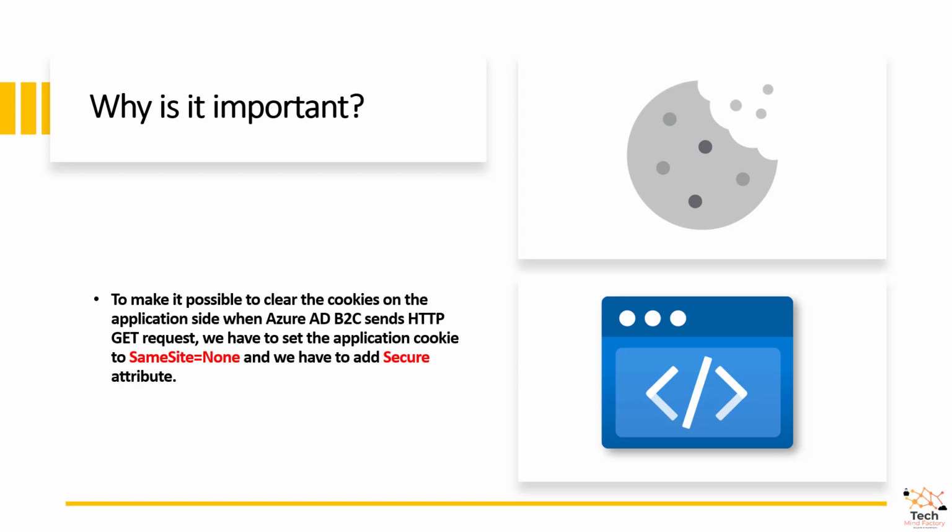Again, why can't we use same site lax? We cannot use it because Azure AD B2C uses a hidden iframe to make the HTTP GET, a safe method. So it means that we have to use same site none and add the secure attribute.